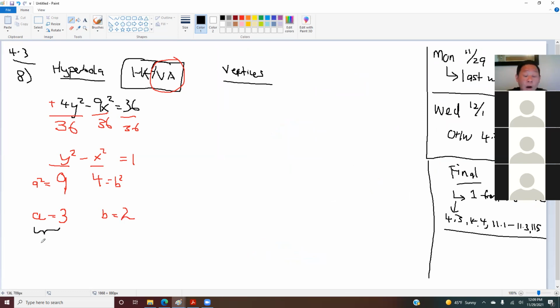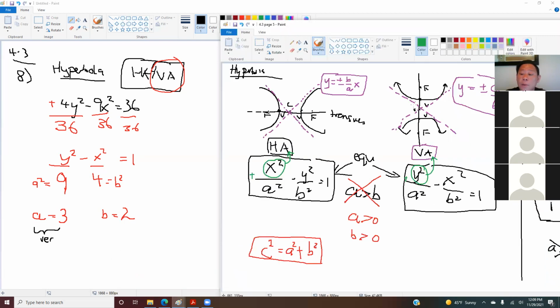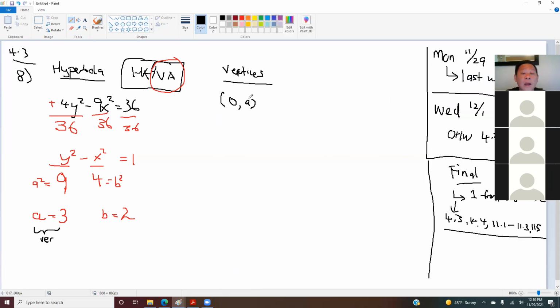This is based on your A. So don't forget, if you want to find how far it is from the center to the vertices, it is based on your A. So your vertices in this case will be 0, a, because it is on the y-axis. So your vertex in this case will be 0, a. And you got 2 because one is on the top and one is on the bottom. So in this case, your vertices will become 0, plus or minus 3.